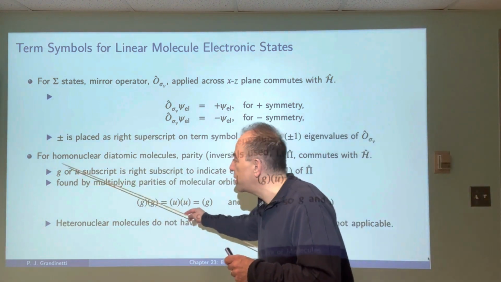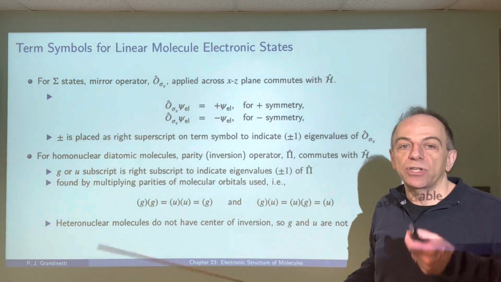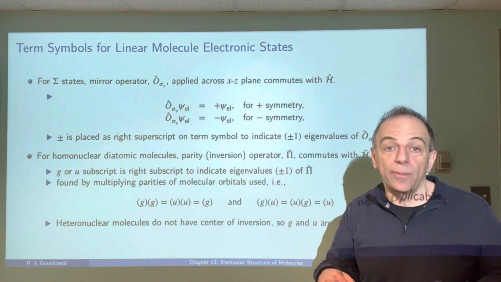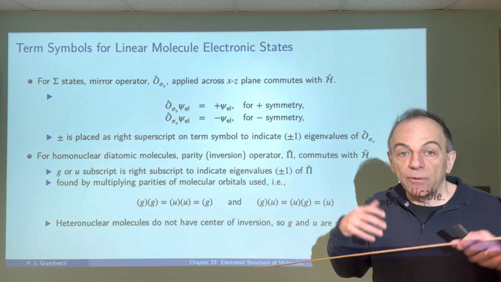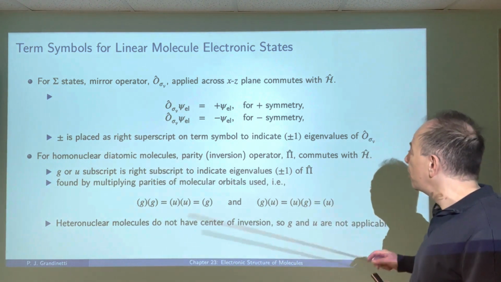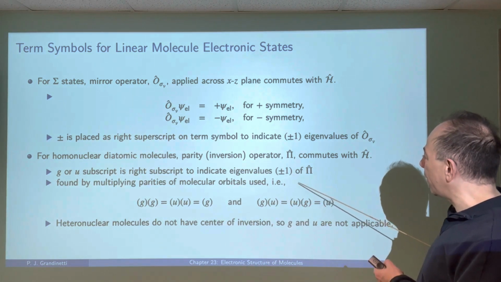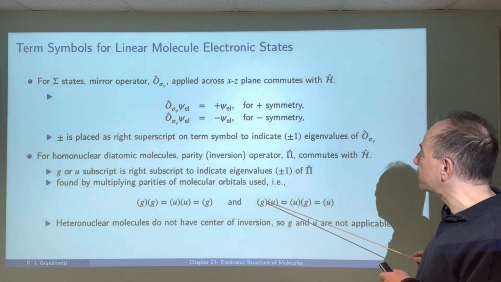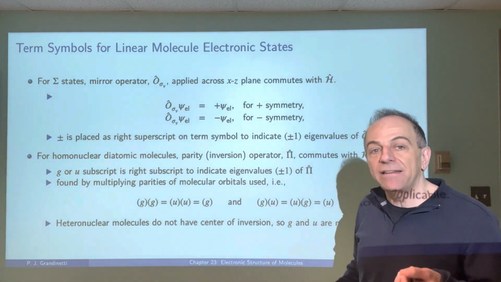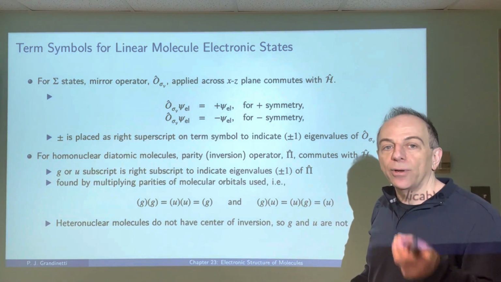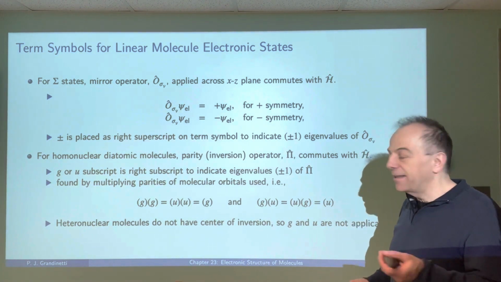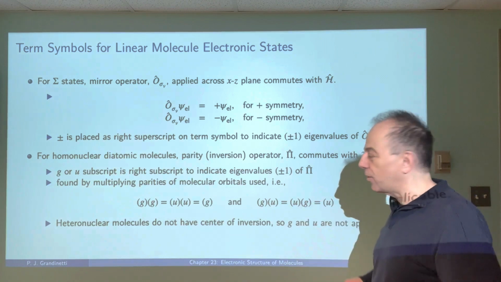We talked about the G and U symmetries, which is the symmetry of the molecular orbital under the parity operator, but for the total electronic wave function, we'll have the eigenvalues for this parity operator, and those will be either plus or minus 1. But we can get that from the individual molecular orbitals that are occupied in the total multi-electron molecule.